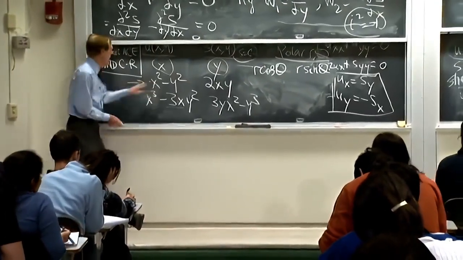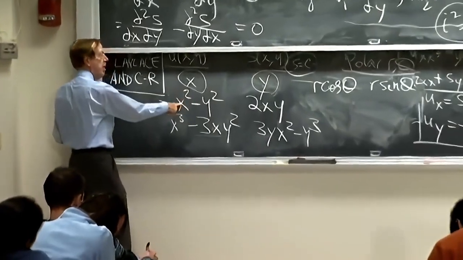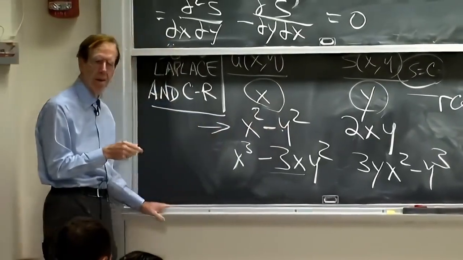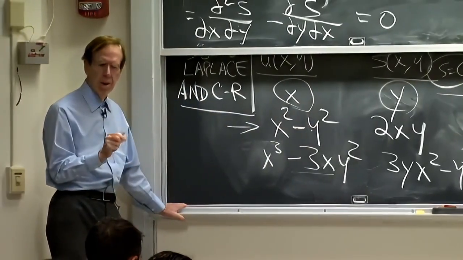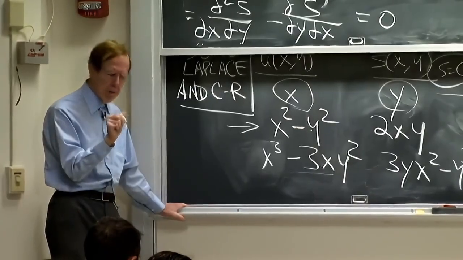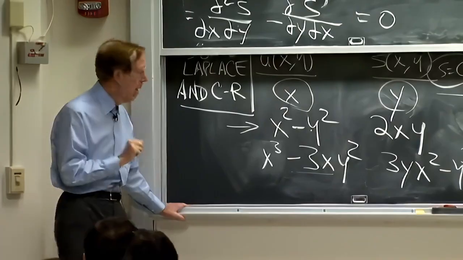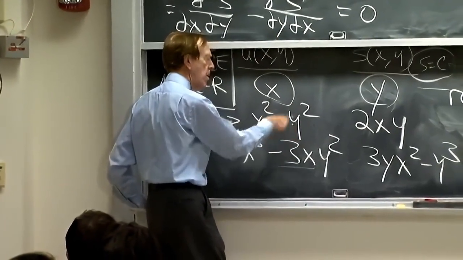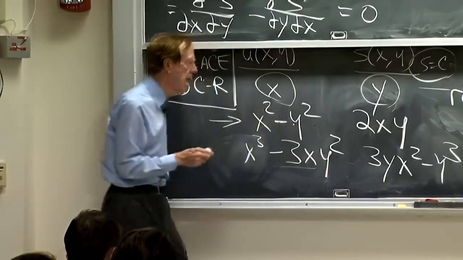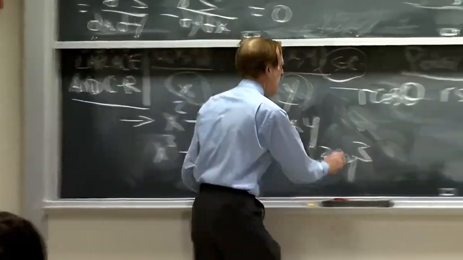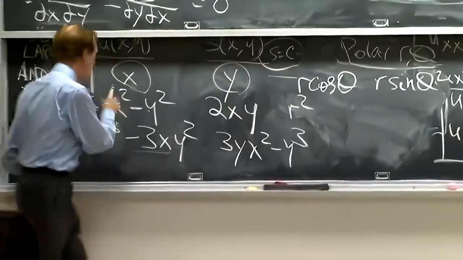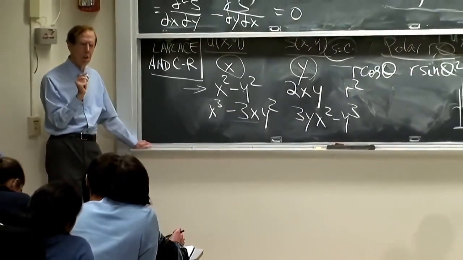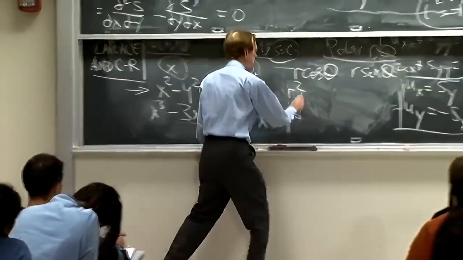So this is now r squared cos squared theta, minus r squared sine squared theta. Trigonometry comes in. I want to simplify that. So it's got an r squared, and it's got a cos squared theta minus sine squared theta. Anybody remember that? Cosine of 2 theta.